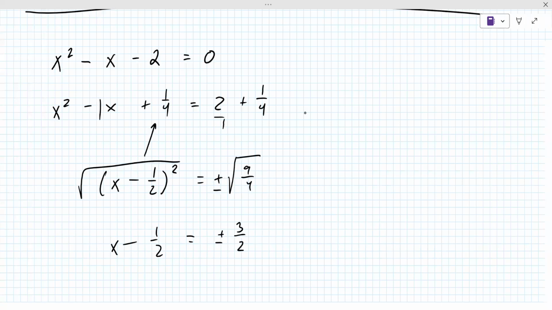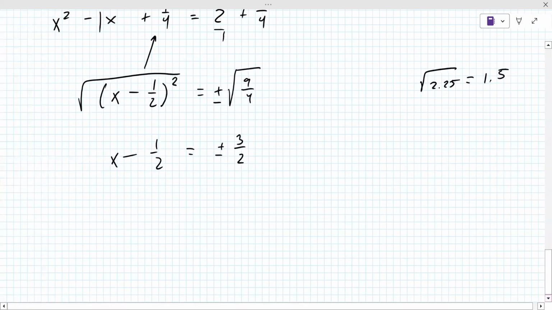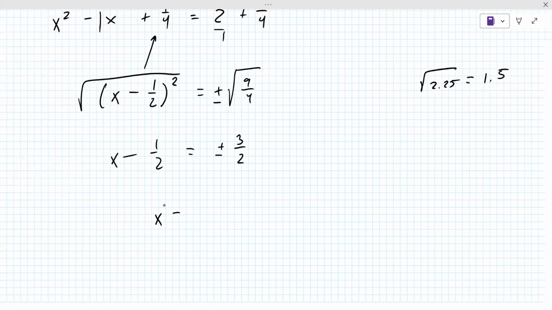So when you took the square root of 2.25 in your calculator, did you get 1.5? No. Okay, so you do have to take the square root of that. This ends up being 1/2 plus or minus 3/2, like that. So 1/2 plus 3/2, minus 3/2. Oh, I know what I did.